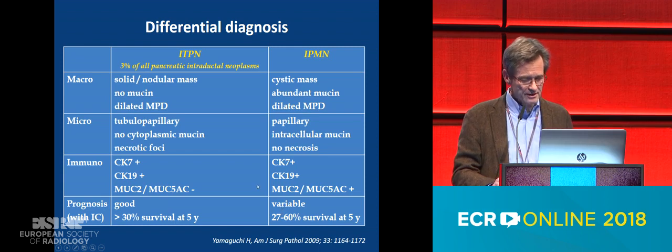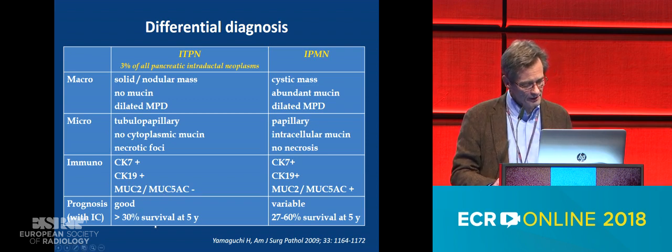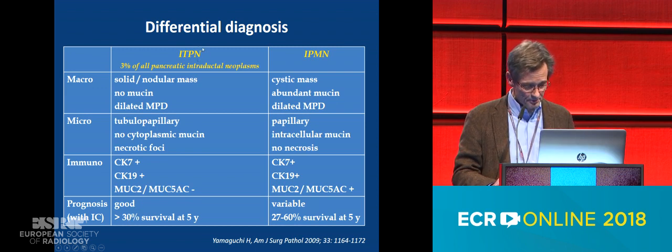And both lesions have a relatively good, compared to pancreatic adenocarcinoma, 5-year survival rate, more than 30% for this lesion here, that I remind you was evolving for more than 4 years, and 27 to 60% according to the IPMN series.